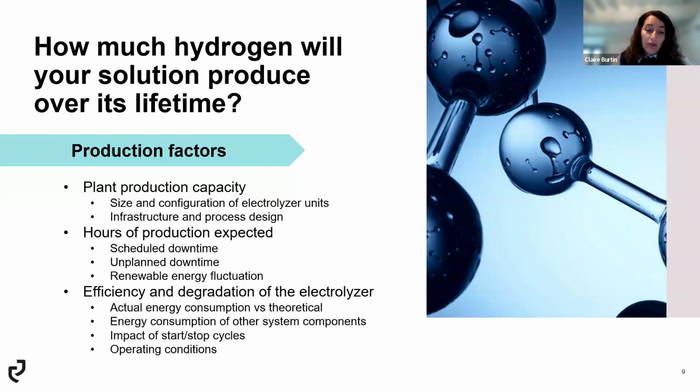Make sure you can do this ramp up and down and follow the load. These are items and details that need to be looked after and discussed with your electrolyzer supplier, but also the project designer, to see how all this will fit, and then take this data and input it in your levelized cost of hydrogen calculation.